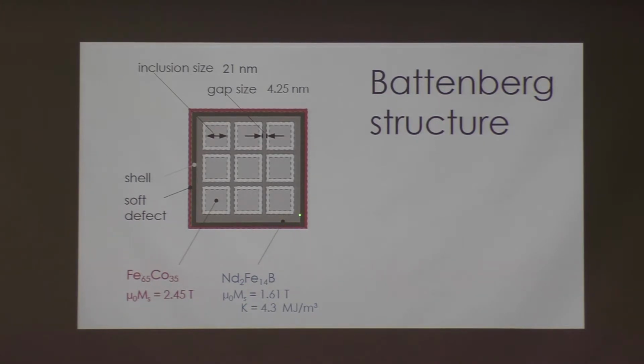And then this dark outer shell can be a different magnet than neodymium iron boron, for example, samarium iron nitride. And then we should not forget that if we look at a granular structure, we probably have a soft magnetic grain boundary phase. So we have to take into account that maybe nucleation might also happen from a soft magnetic grain boundary.